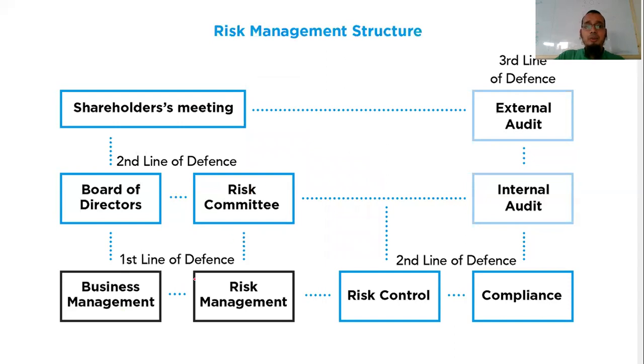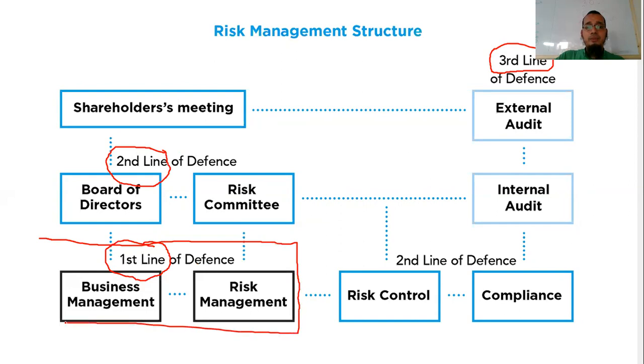Why am I talking about defense? You see, the first line of defense, the second line of defense, and this is the third line of defense. Okay, so we may see this is the first line.